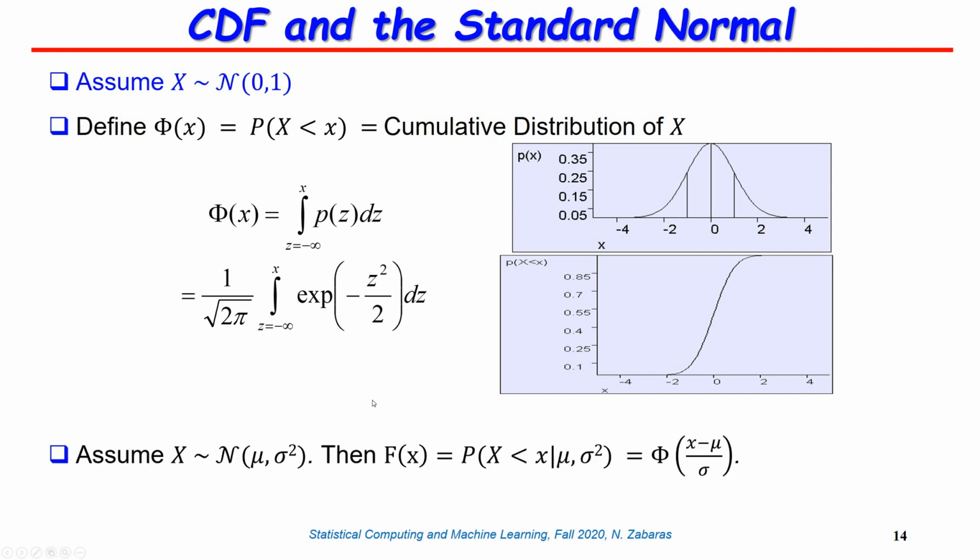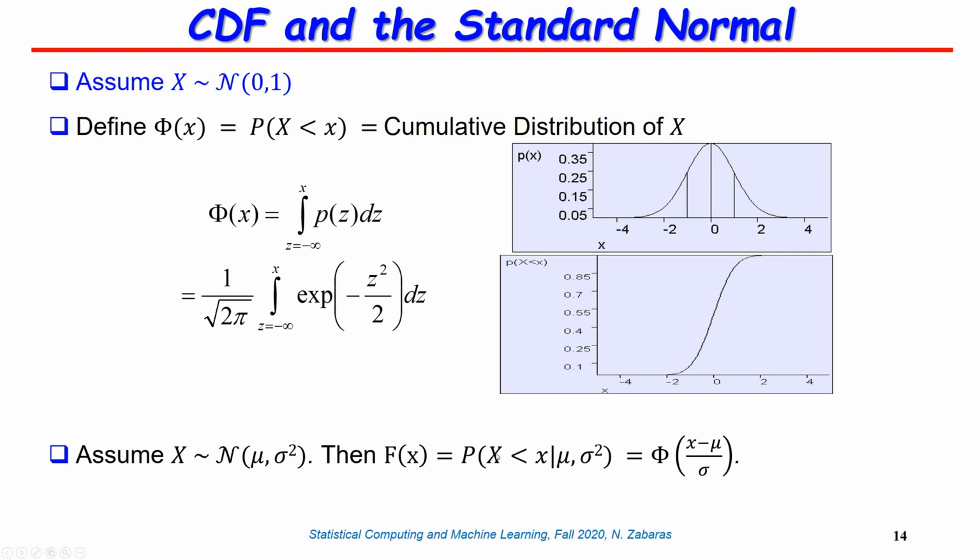And as I mentioned before, if you want to calculate the CDF of an arbitrary Gaussian at a given location x, what you can do is evaluate the CDF of the standard Gaussian at x minus mu over sigma. And again, where is that coming from? Well, you remember the CDF is the probability that capital X is less than little x, all right?